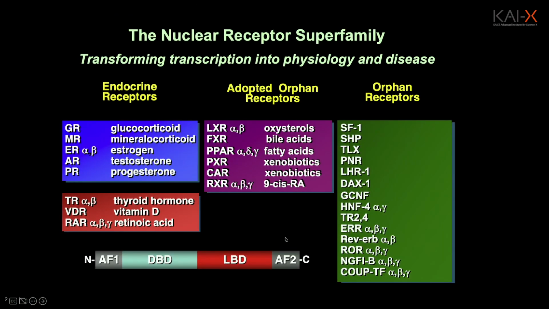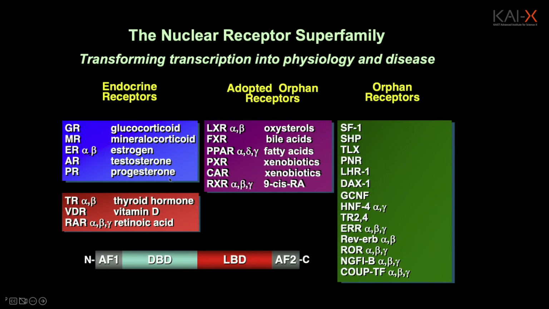The way that we can more effectively visualize this is looking at the superfamily. It began in 1985 with the first isolation of the glucocorticoid receptor, which provided a molecular template, which is shown on the bottom as a series of domains, and all nuclear receptors basically have this exact same domain structure.